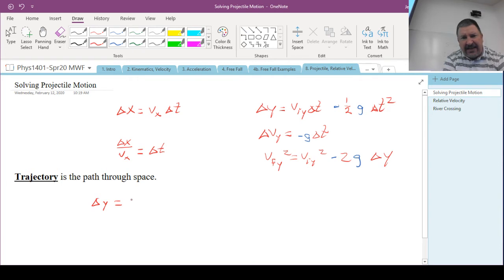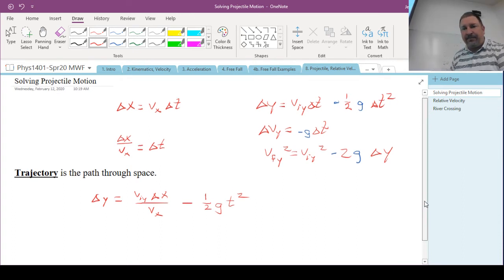So I'm going to plug that in first just for the first delta t. So I have v initial y times delta x over v sub x. And this is still going to be minus 1/2 g t squared. And I'm going to stop writing delta t for now, just because this makes it look a little easier.